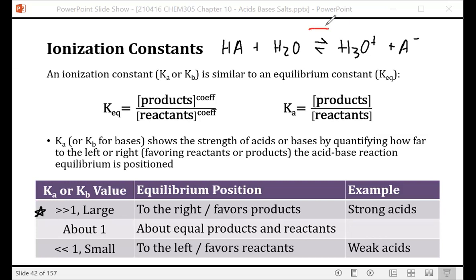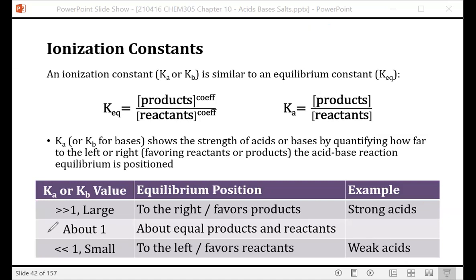It's being pushed towards products. All of your acid is ionizing to generate protons, water is accepting the protons, and you're making a lot of product. So if you have large Ka or large Kb values, you have strong acids, because strong acids by definition, or strong bases if we're talking about Kb, ionize completely or accept all the protons in solution.